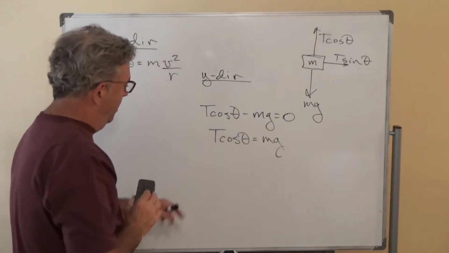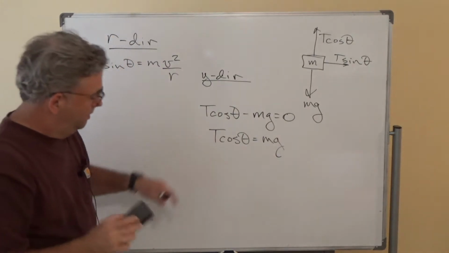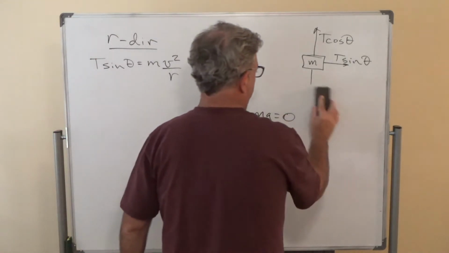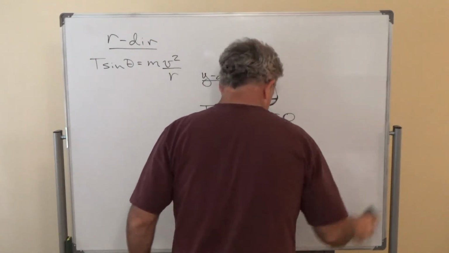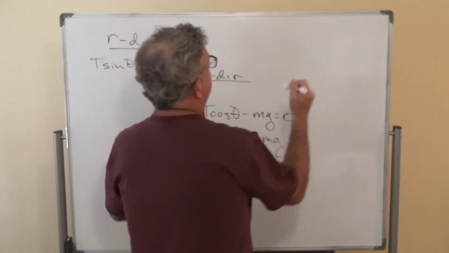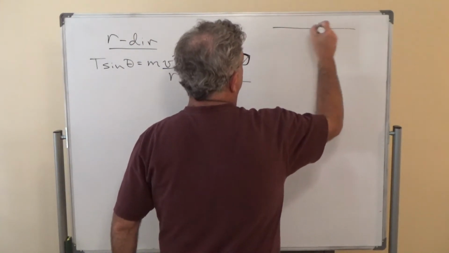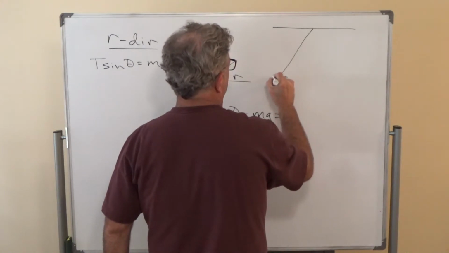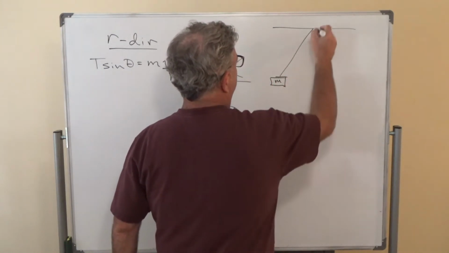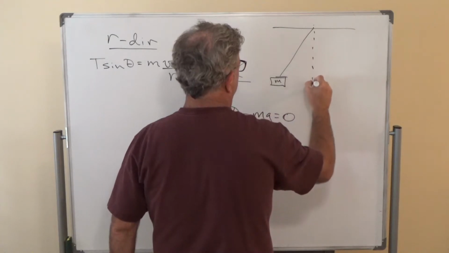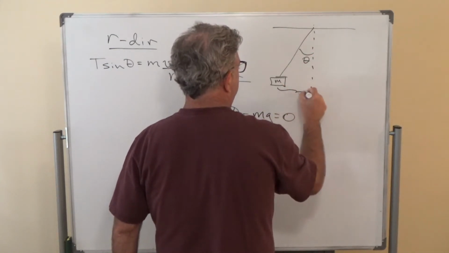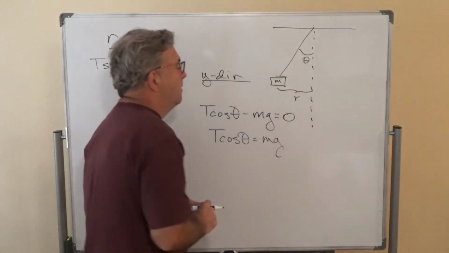And like I said, let me draw one more picture just to give you an idea of what I'm talking about as far as R. In the picture I had, let's say here's the object, it's rotating, mass m. So thinking of a vertical here, this was theta, then this is the distance r.